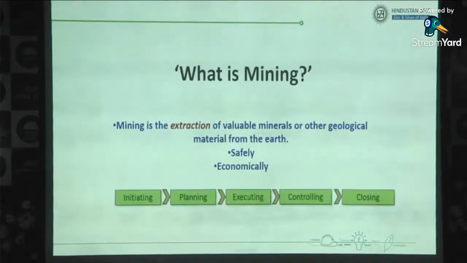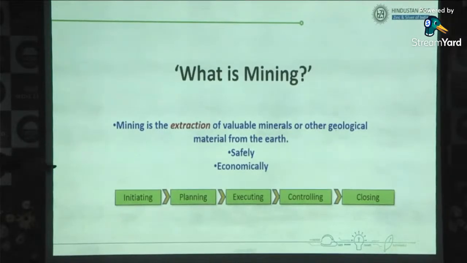A mining process can be divided into these five pillars. First is initiating. Initiating includes environmental clearance, lease from government, like that. After taking lease and environmental clearance, we will plan the whole process, like how much the ore body is, what will be our rate of production, 5-year plan, 10-year plan, like that.